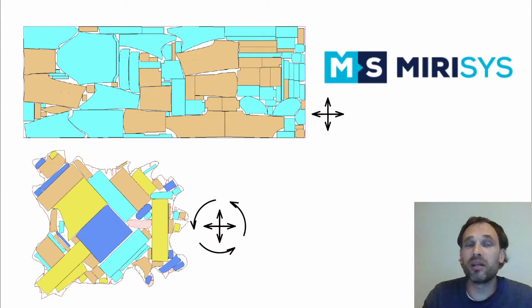And so some people are more interested in more serious applications. So let me thank Mirizis for providing us with these real-world cuttings and nestings coming from industrial applications. And here on the top we have a large piece of fabric, and we want to cut out pieces such that we can use those pieces then in order to make our T-shirt or whatever.